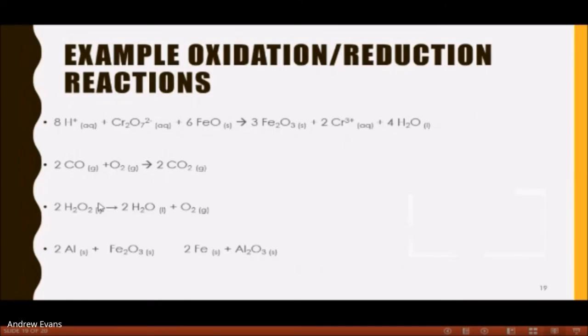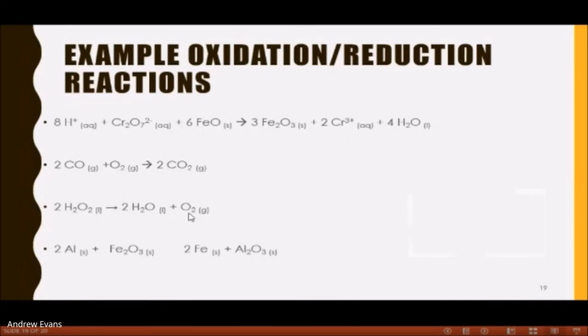This one's hydrogen peroxide. This is a decomposition reaction. We have a compound going to water and oxygen. In this case, the peroxide is being both oxidized and reduced. The peroxide is going from -1 to -2, but it's also going from -1 to 0.